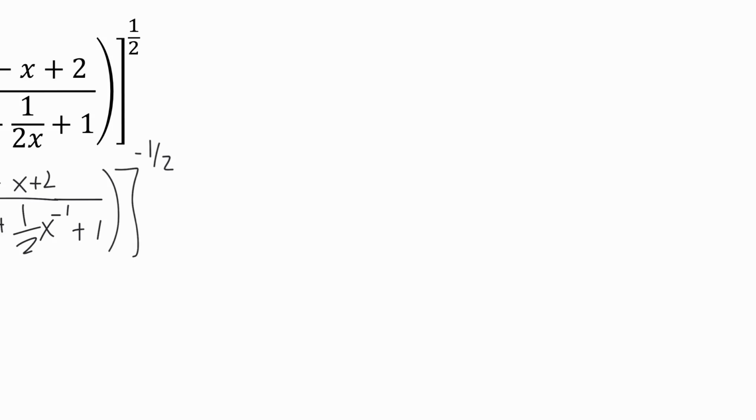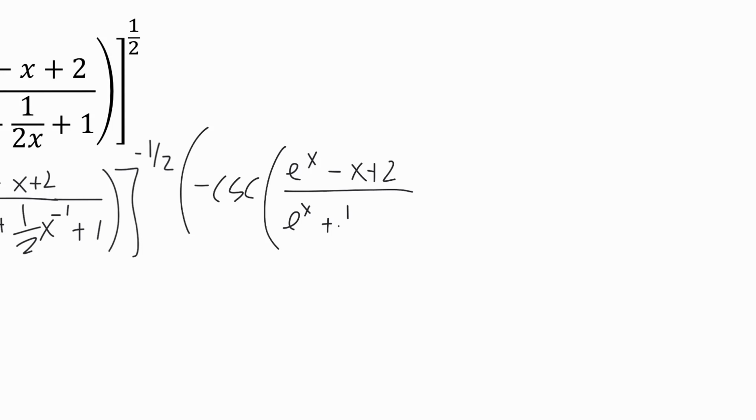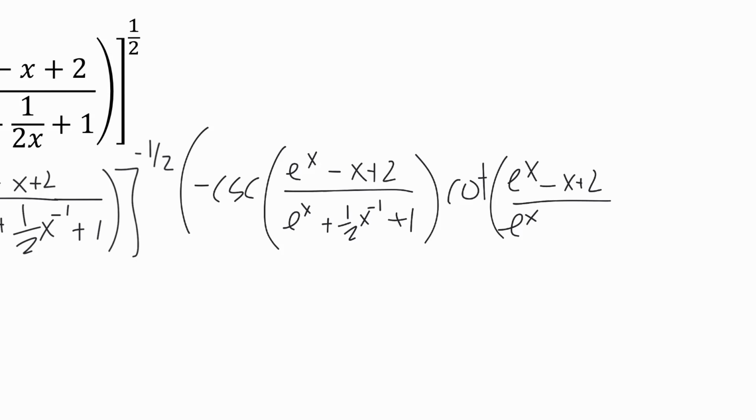So we're going to have bracket negative cosecant of e to the x minus x plus 2 over e to the x plus 1/2 x to the minus 1 plus 1, cotan of the same thing. All right, close off that bracket.